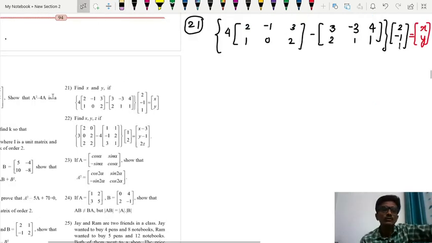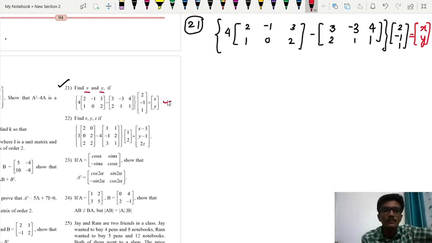Now let's do question number 21. See what is this question number 21. You have to find here value of x and y. So we find value of x and y if this equation is given. So first of all सबसे पहले हमको 4 से मल्टीप्लाई करना होगा, सारे एलिमेंट को 4 से मल्टीप्लाई करना होगा. सो वी विल डू दिस. 8 माइनस 4 12.